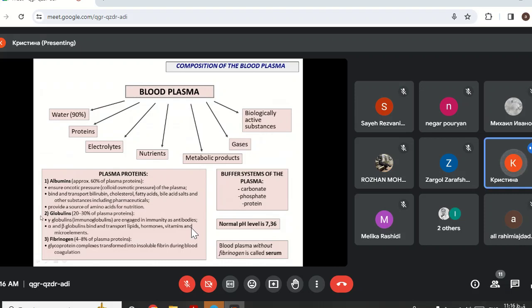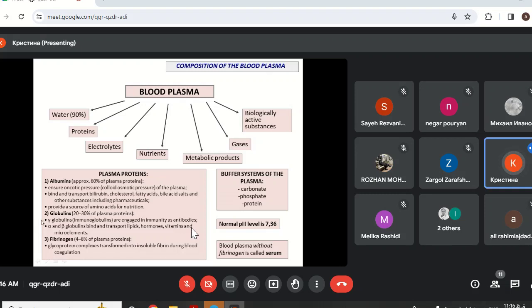Next, globulins, which are about 20–30% of plasma proteins. They are gamma globulins and alpha and beta globulins. Gamma, alpha, and beta are Greek letters.